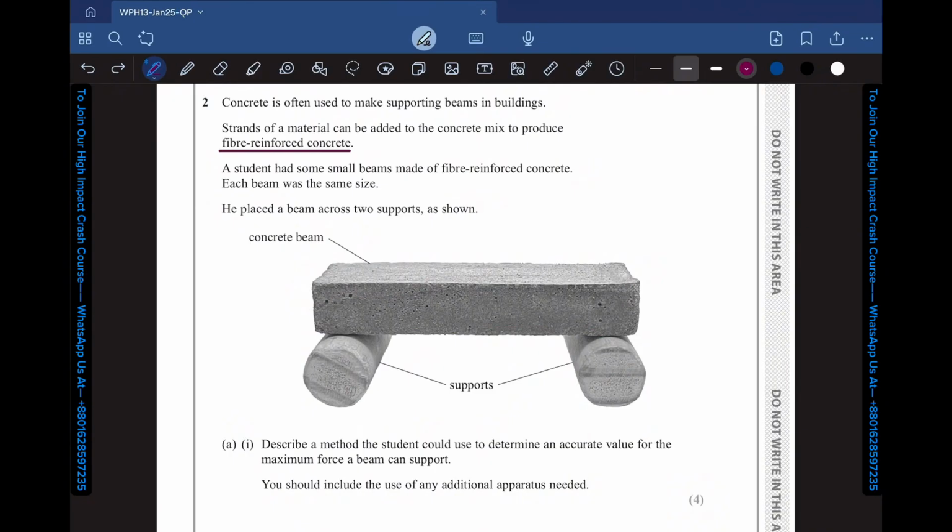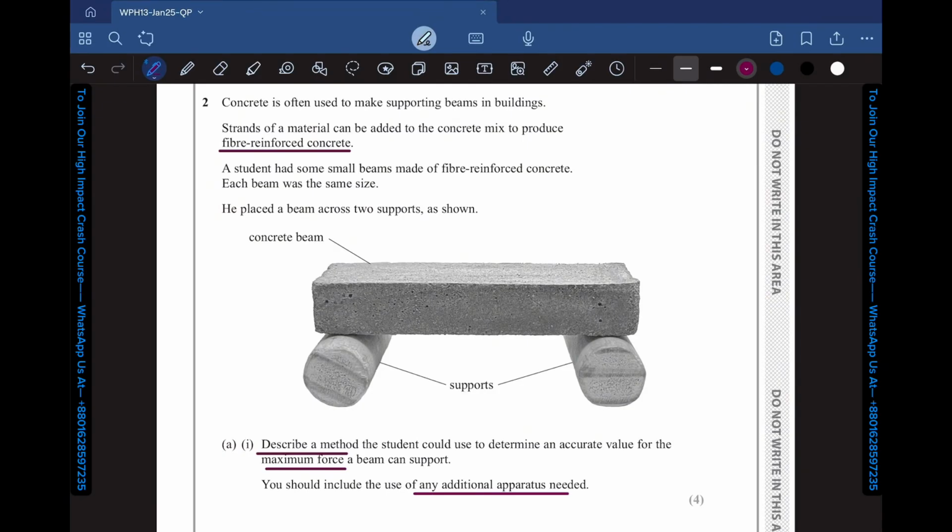Describe a method the student could use to determine an accurate value for the maximum force a beam can support. So this line is very important, the maximum force that the beam can support. Should include the use of any additional apparatus needed. All right.